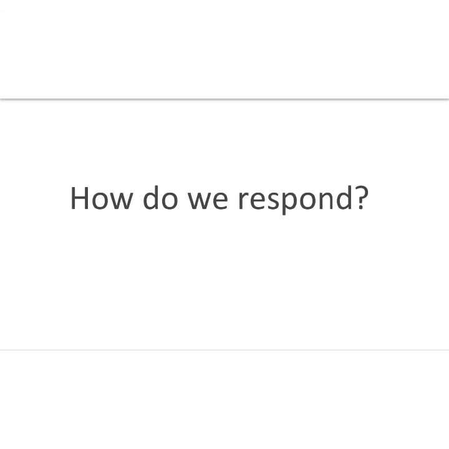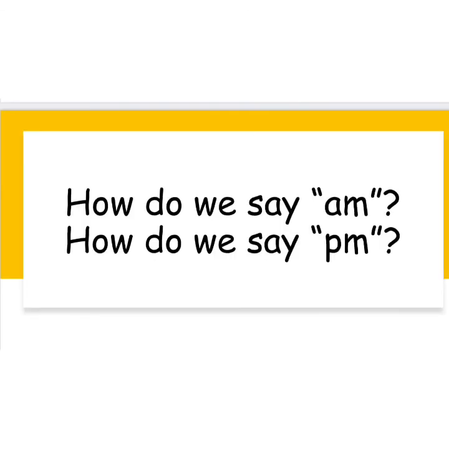To respond, we simply say son las and then we put the hour. But what did we say about 1 o'clock? Perfecto. For 1 o'clock, we use es la una. And how do we say AM? And how do we say PM? Excelente. AM in Spanish is de la mañana and PM is de la tarde.